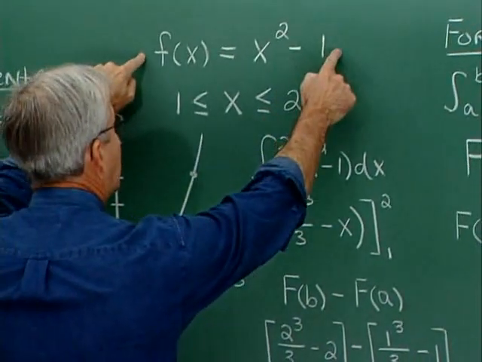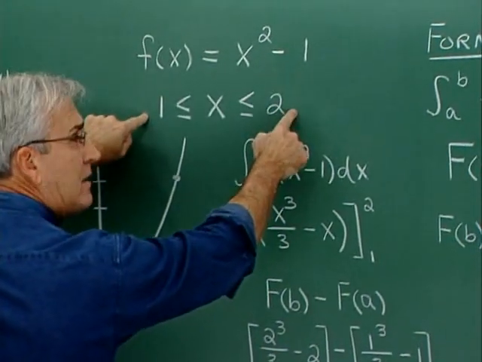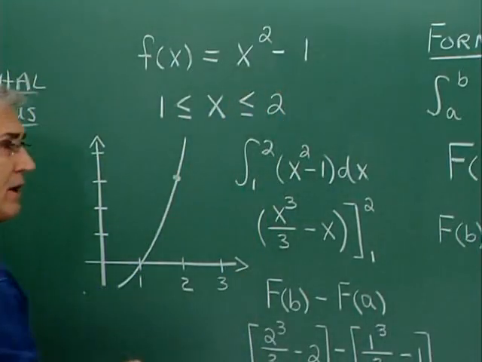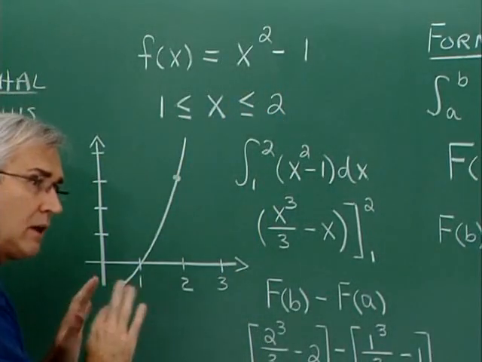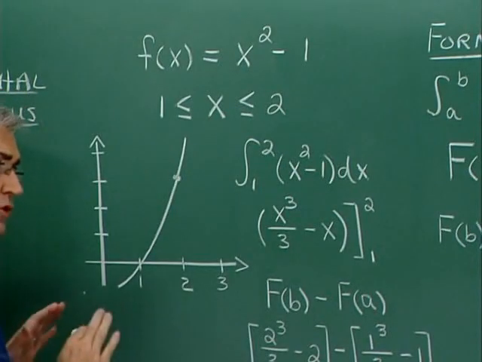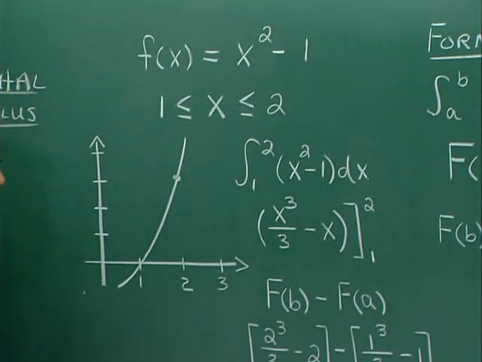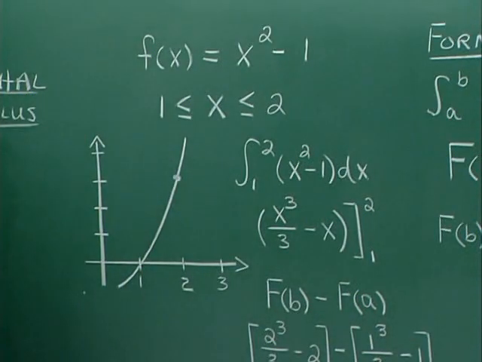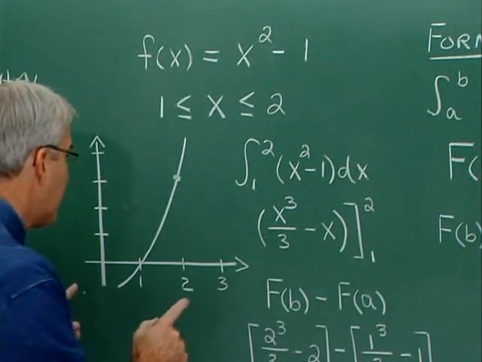Consider this function and consider this domain, from 1 to 2. If we're going to construct the graph here, and often we'll be doing this, we'll look at that visual or geometric interpretation of the situation. We'll have some business interpretations involved with that as well in just a little bit, but for right now it's just area under the curve.